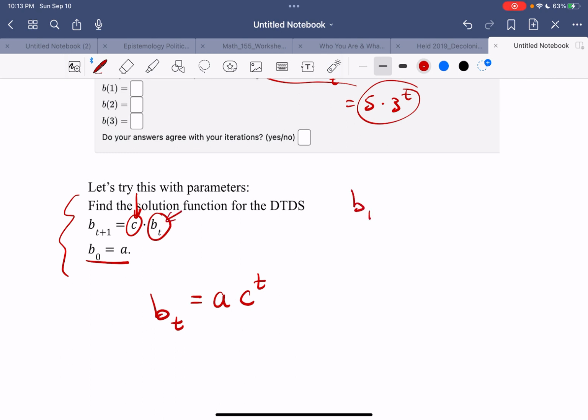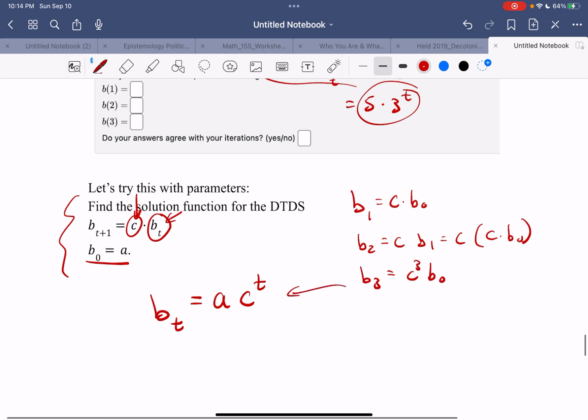If you work it out, b1 is c times b naught, b2 is c squared times b naught, and b3 is c cubed times b naught. Why is that? Well, b3 is c times b2, which is c times c squared b naught. It's the same stuff I've been doing. If you're okay with that, then you can see how this gets here.